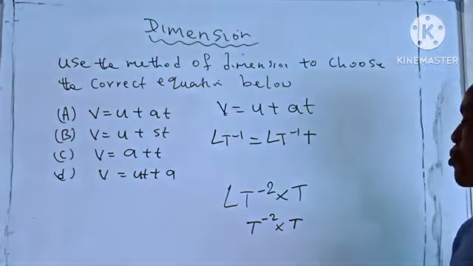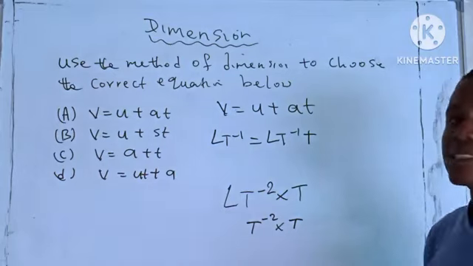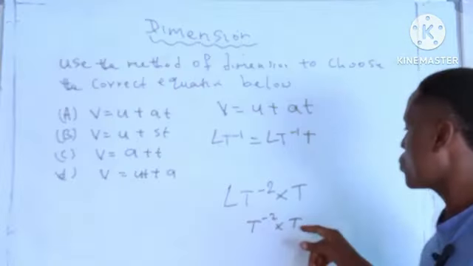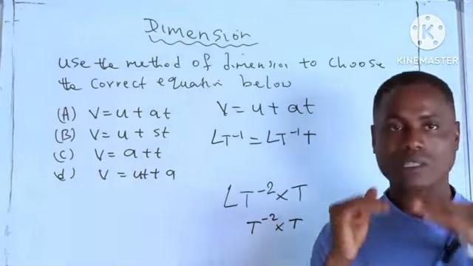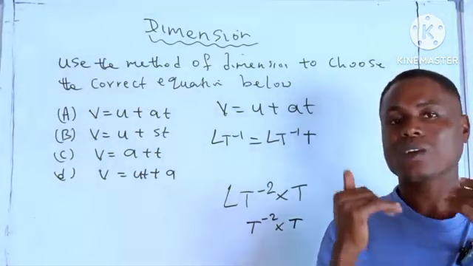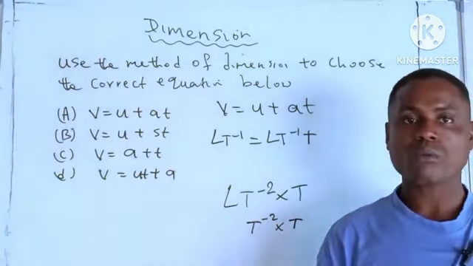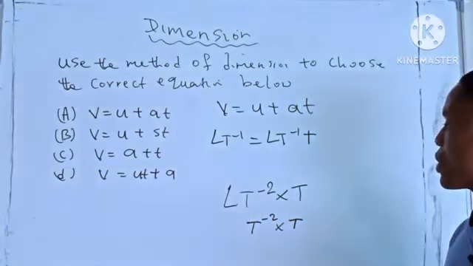Now, one of the laws of indices states that, listen, the bases are the down numbers or the down alphabets. These can be in number form or in alphabet form.